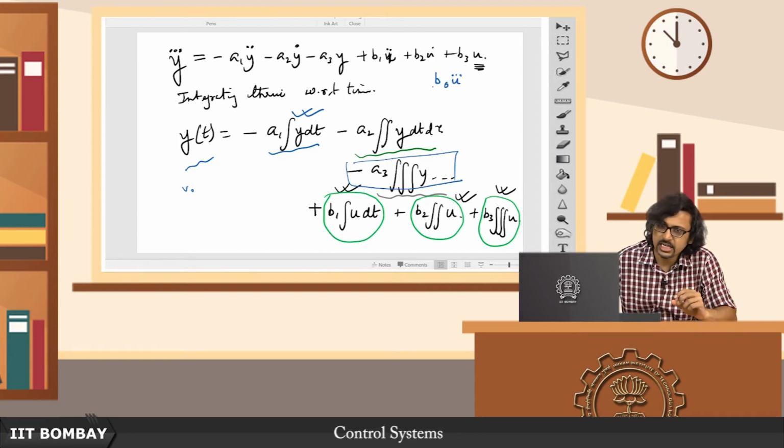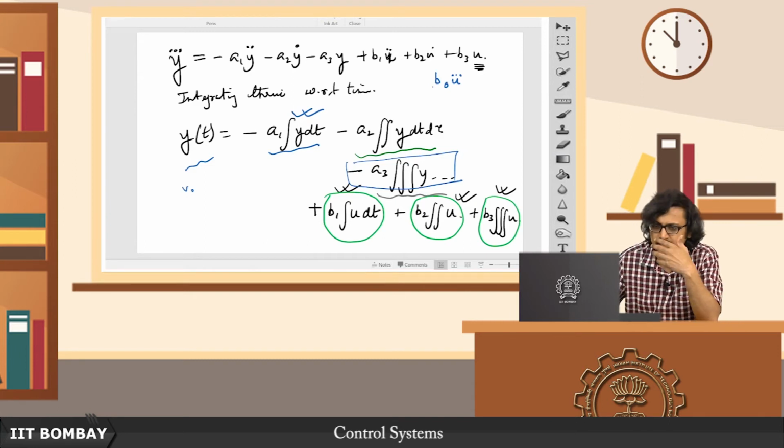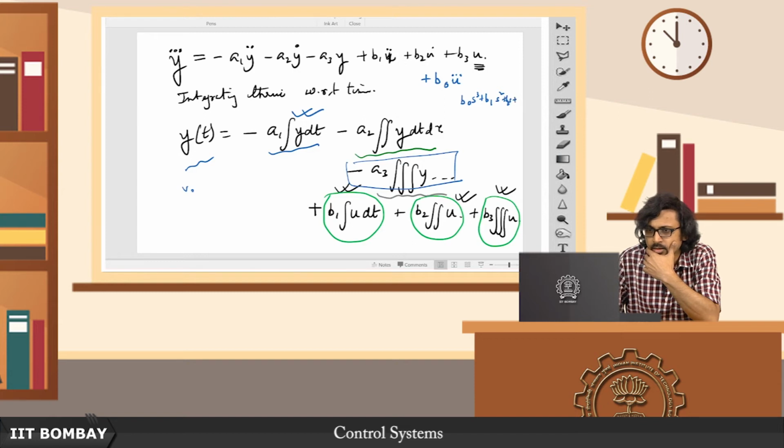I mean that is a proper transfer function, right. You can easily read that this would give you a transfer function like B0 s cubed plus B1 s squared plus B2 s plus B3 upon s cubed plus A1 s squared plus A2 s plus A3.